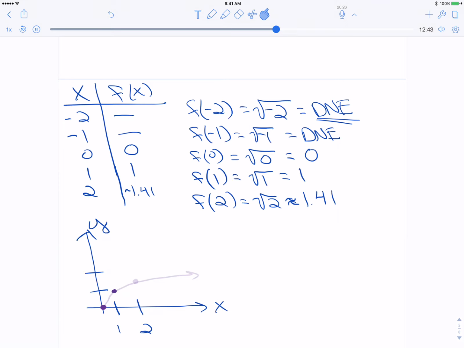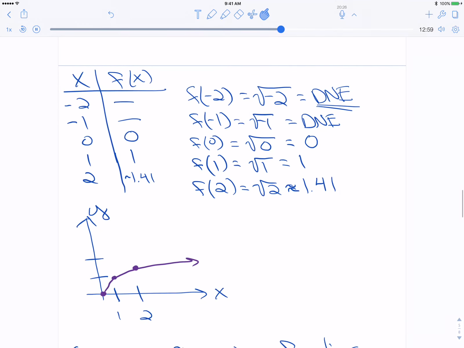And then at 2, about 1.4. What you'll find if you graph this on your calculator, you'll see that it connects and it sort of slows down. What it should look like is very similar to a parabola turned over on its side.